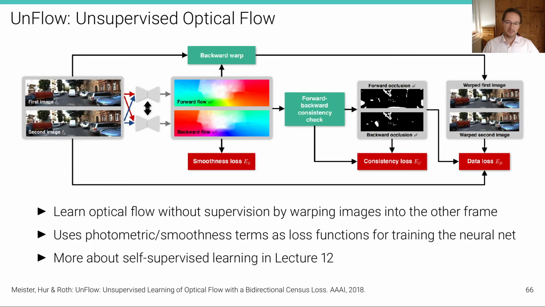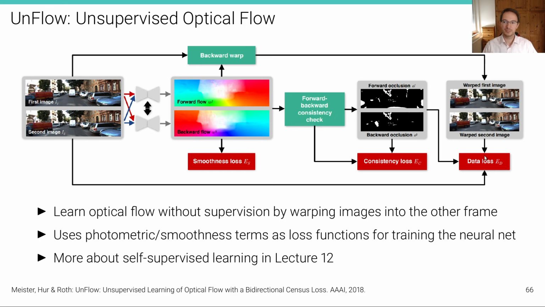And then more recently, it has been demonstrated that deep optical flow algorithms can also be trained in an unsupervised fashion by leveraging the principles and models that we have used in classical optical flow estimation techniques, by predicting with a deep network the forward and the backward flow, and doing consistency checks, and then warping the images into each other using these estimated flow fields and putting a data loss that's similar to the data term that we have just discussed, and also putting a smoothness loss on the flow fields.